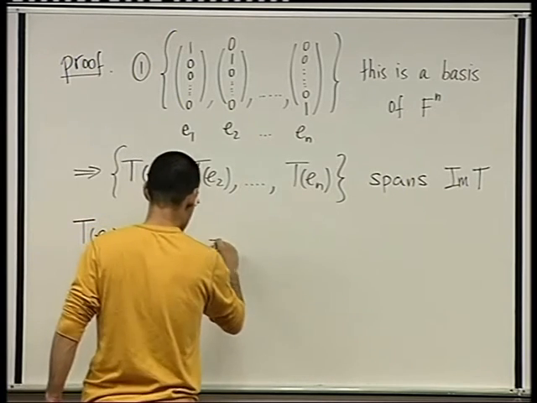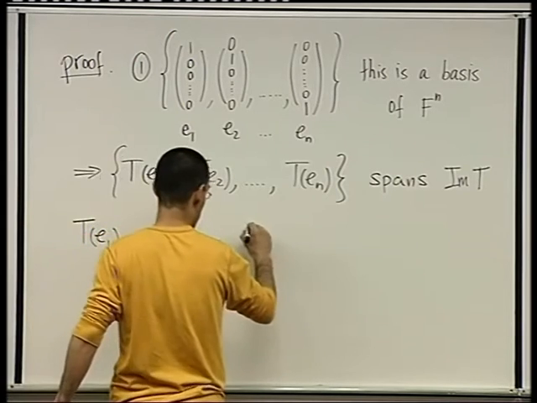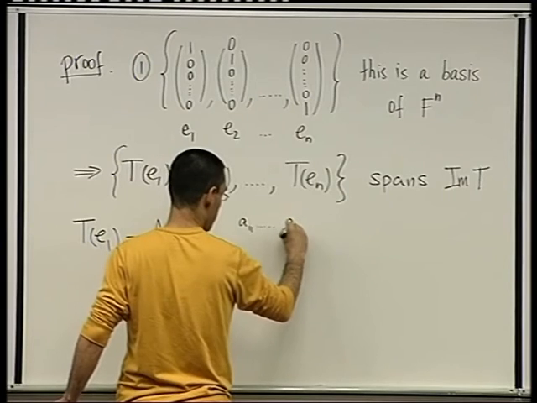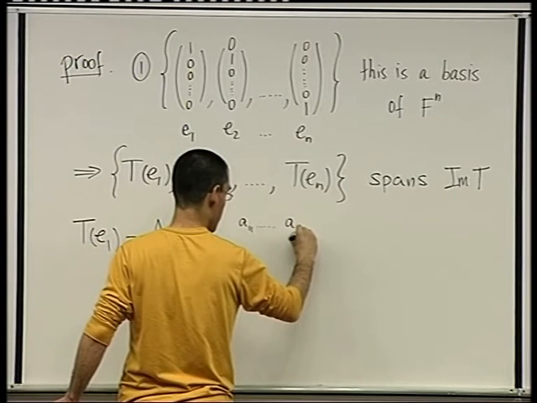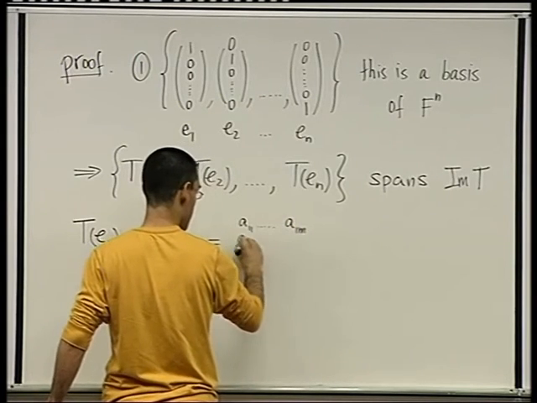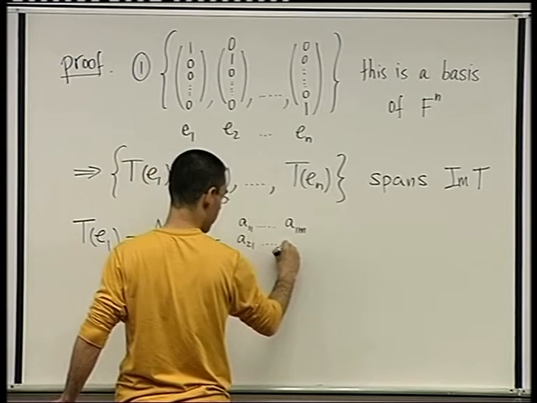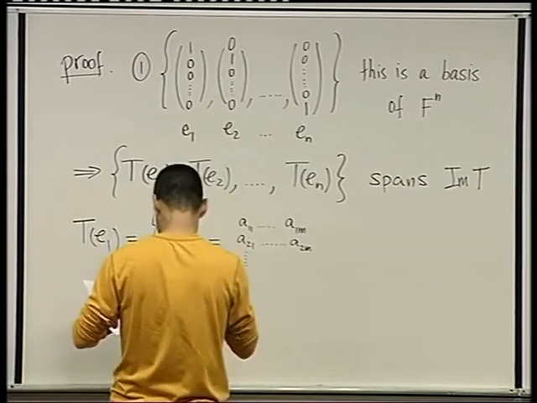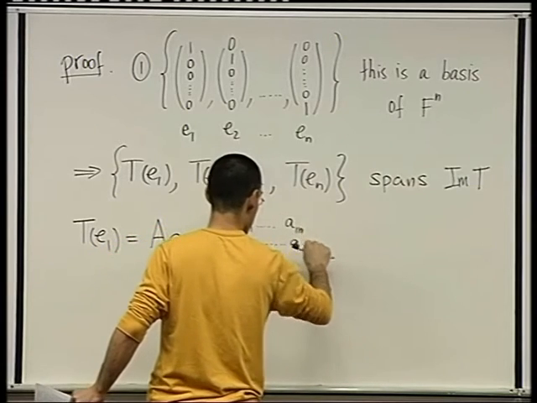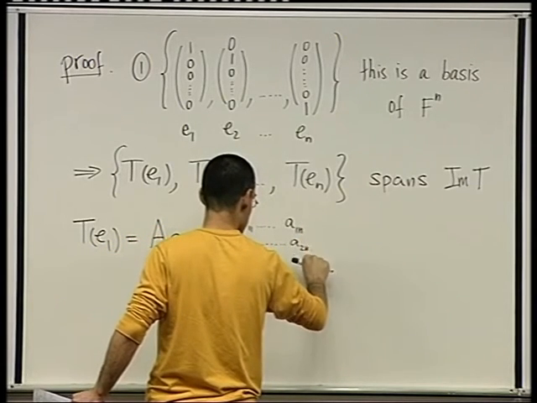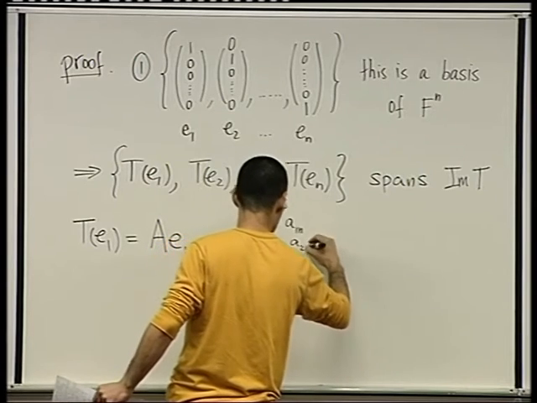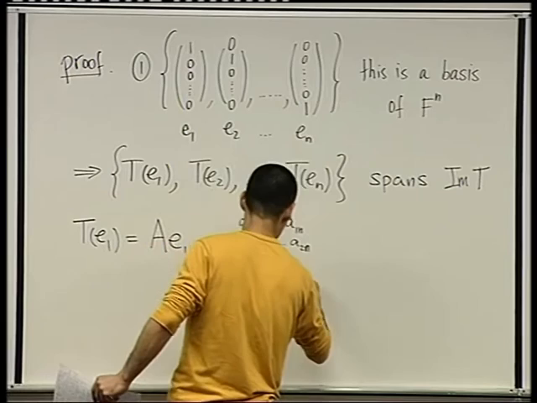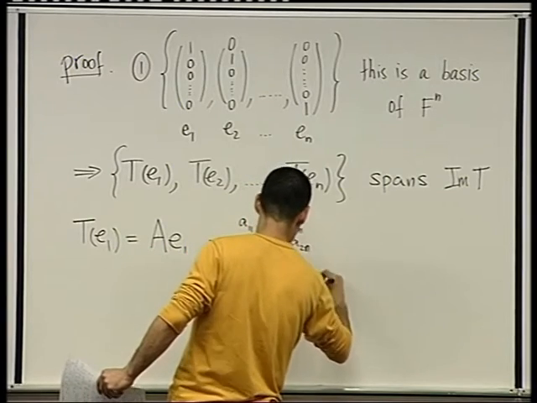So let's write what A is: A11, all the way up to A1N, and then A21 up to A2N, and then AM1 all the way up to AMN.